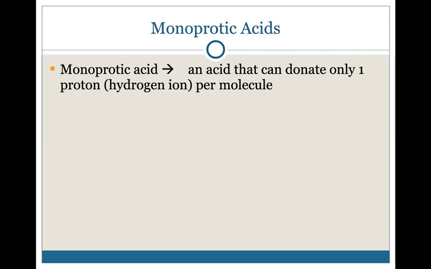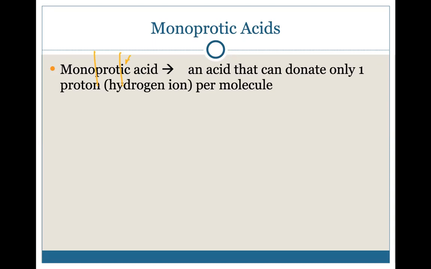Okay, now based on how many acidic hydrogens are available to donate, we can classify acids based on how many hydrogens they donate. So a monoprotic acid, again with vocab, break it down. Mono meaning 1, proton, ic, adjective.